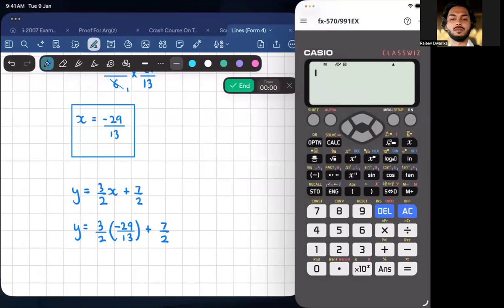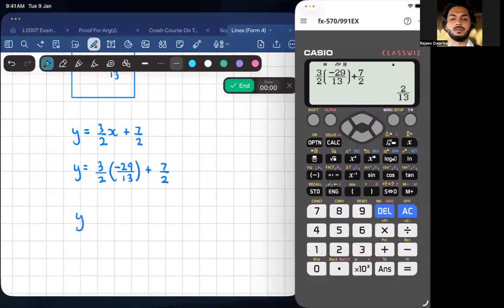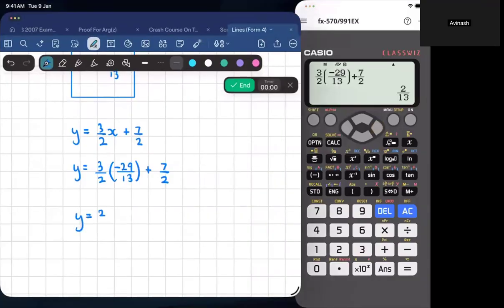You know how to plug it in? Okay, cool. More or less the same way you did just now. Fraction button 3 over 2, open bracket, fraction button minus 29 all over 13. Press the right arrow, come out, close bracket, then plus fraction button 7 over 2. When you press equal, you should get 2 over 13. Yes, I get 2 over 13.